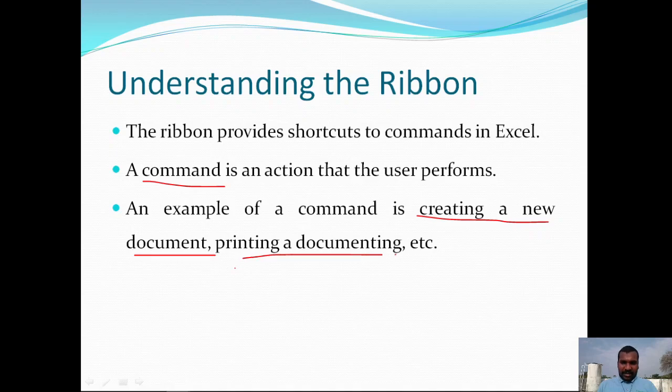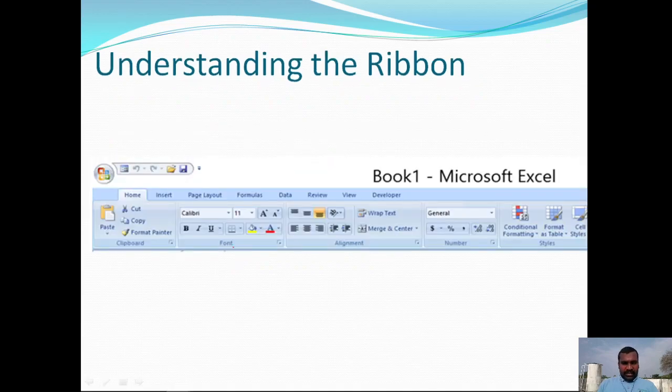Printing a document is another command. All these commands are provided with shortcut keys with some beautiful icons. By seeing those icons, we can say what operation that command is going to perform. So this is the ribbon.